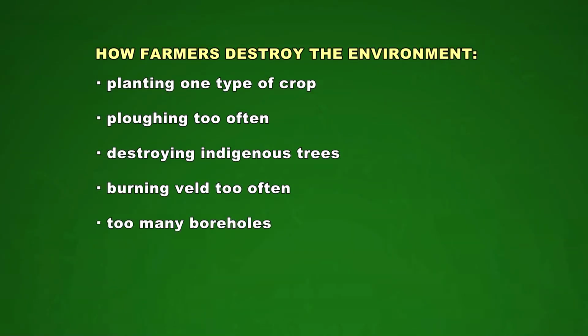Wasting underground water by drilling too many boreholes. Keeping too many cattle in one area. This leads to overgrazing, which in turn leads to soil erosion. Using chemicals that can kill important organisms in the environment and pollute water sources.